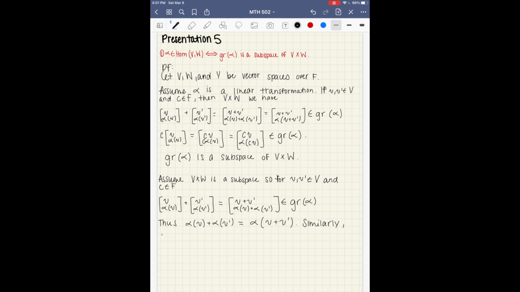So similarly, c times (v, alpha v), you can bring that c in, which then is a part of the graph of alpha. So then we can say c alpha v is equal to alpha(cv).